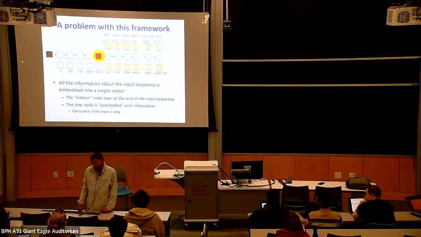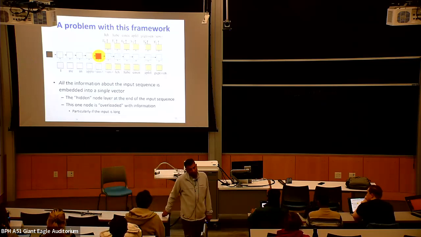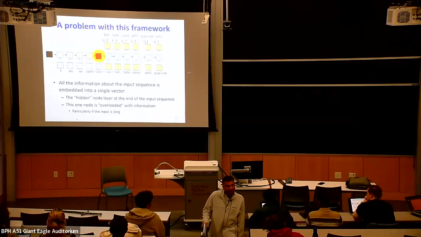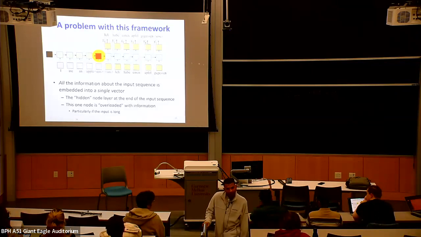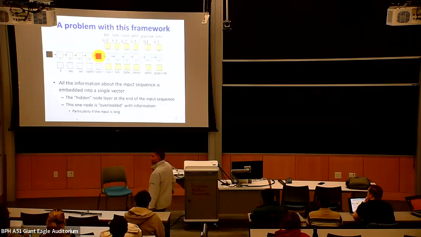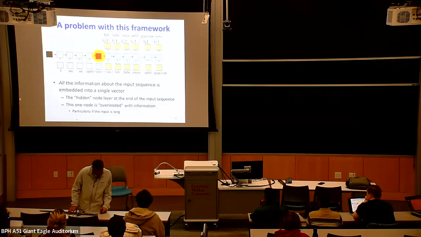What kind? So as you keep going forward, you're aggregating more and more information, and there's always going to be a recency bias, right? So it's going to be remembering a lot more about the most recent words, and the stuff from the very beginning is going to get forgotten. And the longer the input gets, the harder this vector is going to find it to actually represent everything about the input, no matter what kind of model you use on the encoder side.